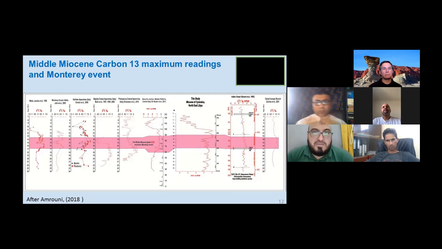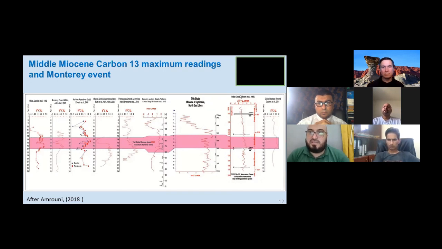Here, the Middle Miocene carbon curves, the global curves and local curve in the Cyrenaica platform, which is our study area.